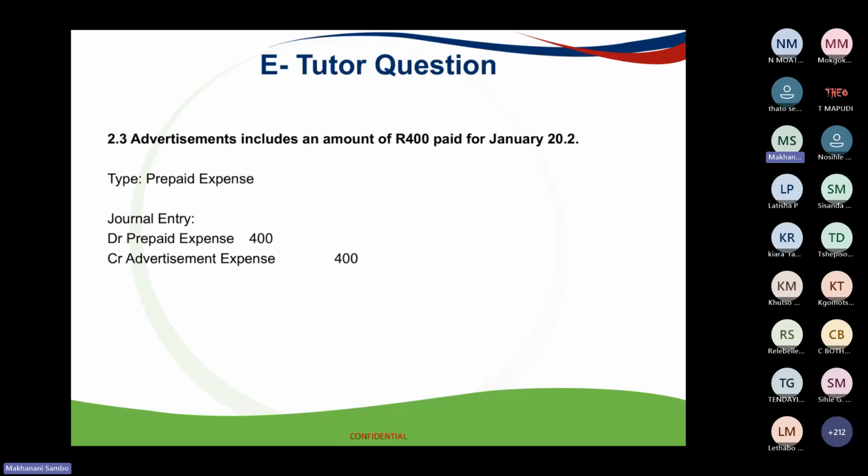In terms of prepaid expense, we will debit prepaid expense, as this amount has been paid for in advance. Then we will credit our advertisement expenditure with the 400 Rand.